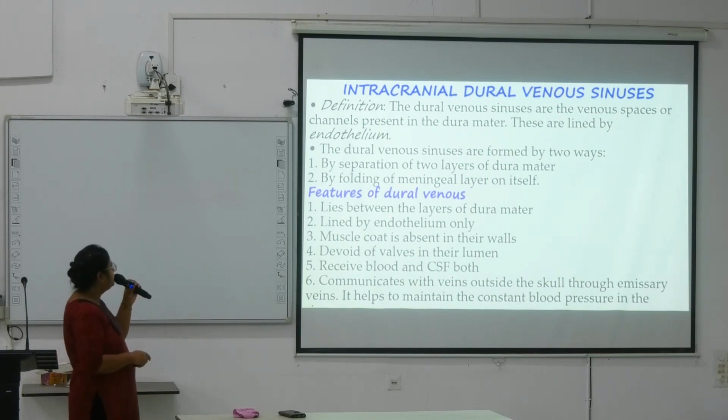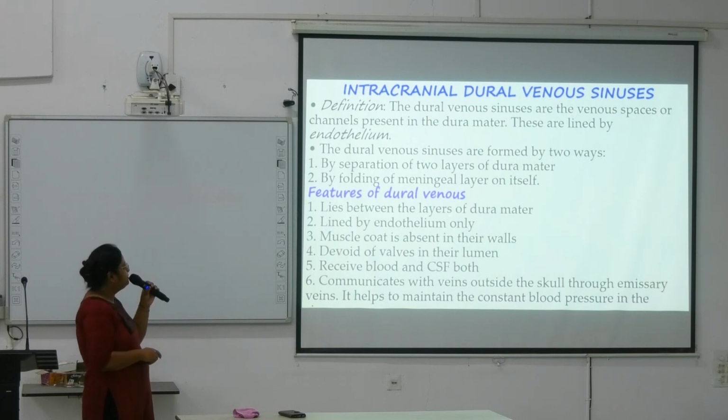Features of dural venous sinuses: they lie between the layers of the dura mater, between the endosteal and meningeal layers, and are lined by endothelium only. Muscle is absent in their walls, they are devoid of valves in their lumen, and they receive blood and CSF both. Okay? They communicate with veins outside the skull through the emissary veins and help to maintain constant blood pressure in the cranial cavity. Okay. Next.